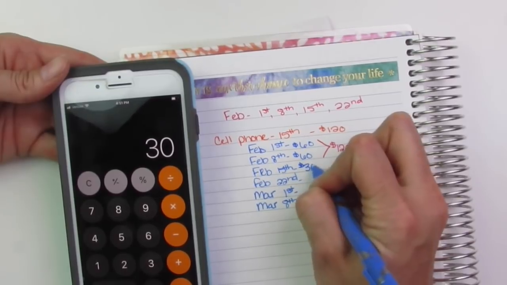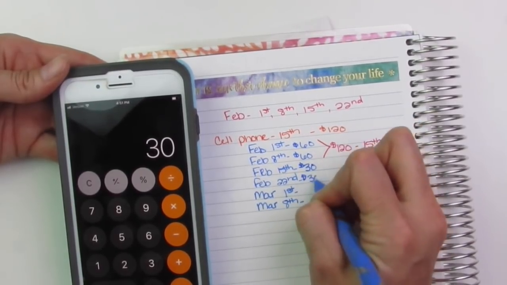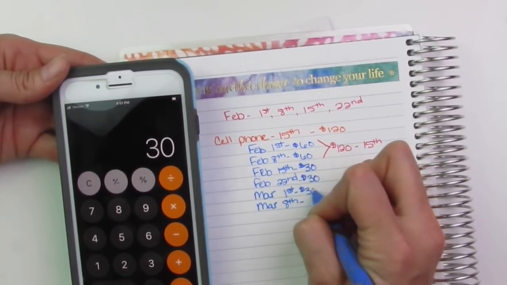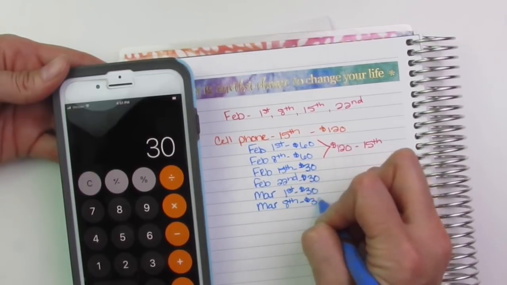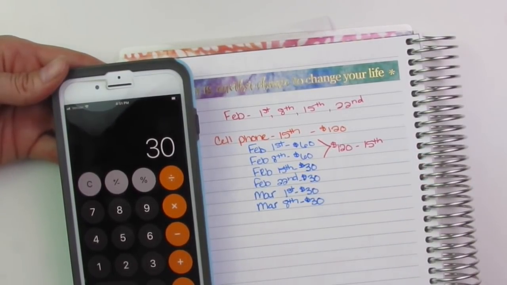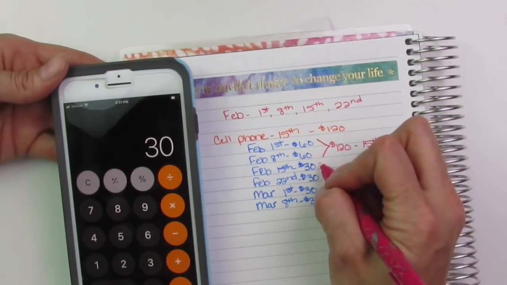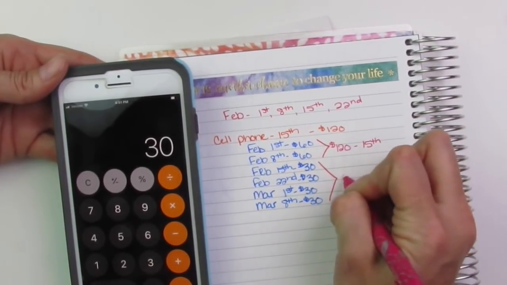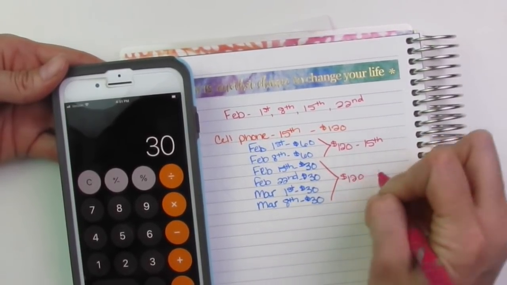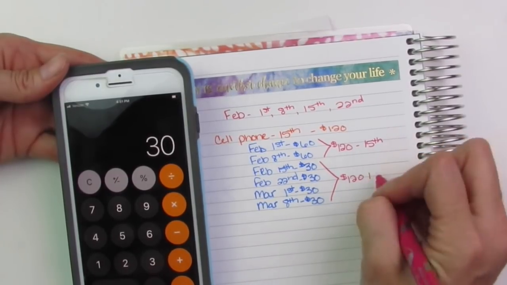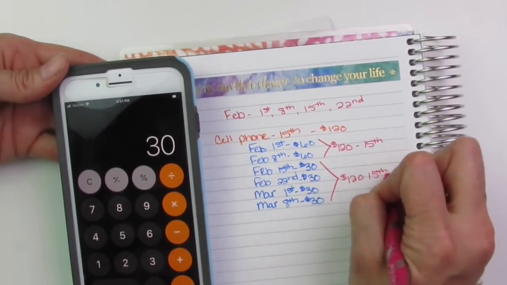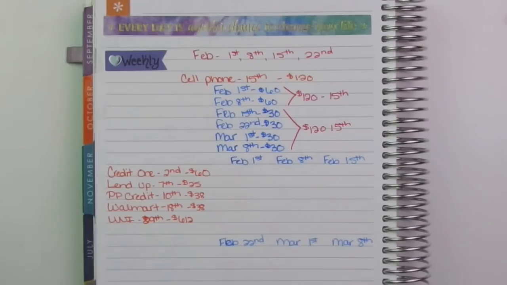So we're going to do 30 here, 30 here, 30 March 1st, and 30 March 8th. Now that 4 weeks will give me $120, which I'm going to then pay my bill on the 15th.